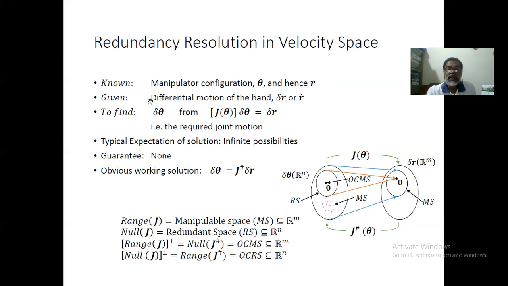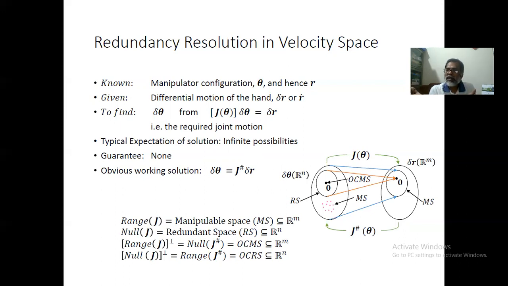Then what is given? Differential motion of the hand, delta R, or motion rate, R dot. They are mathematically equivalent. And you want to find out delta theta from this, that is, the joint motion. The manipulator is at a particular configuration, thetas are known, end effector position R is known, and then you say, I want this little end effector motion, delta R, what joint motion would be needed?